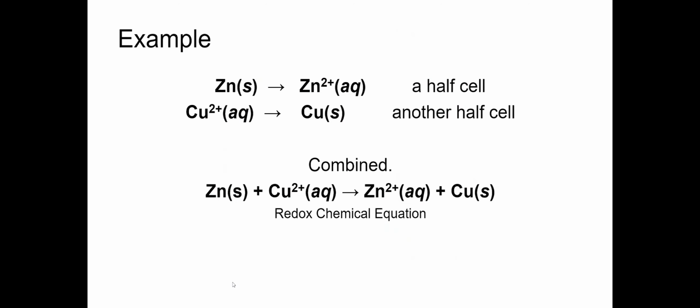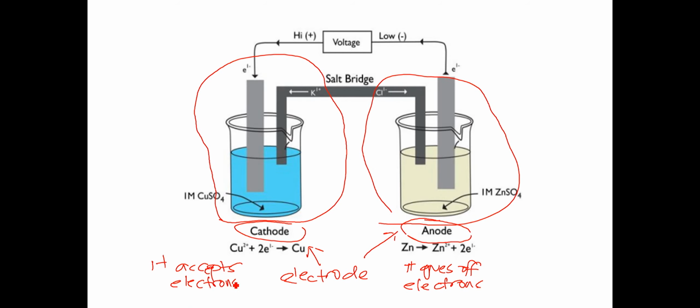So, from this, we have here an example. Ang example natin dito ay copper at zinc. We have copper here on the left side undergoing a redox process, and we also have here the anode. The anode here is the zinc, which gives off the electrons.